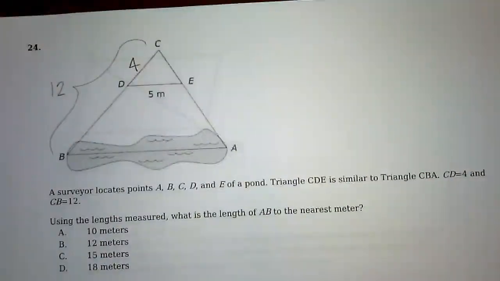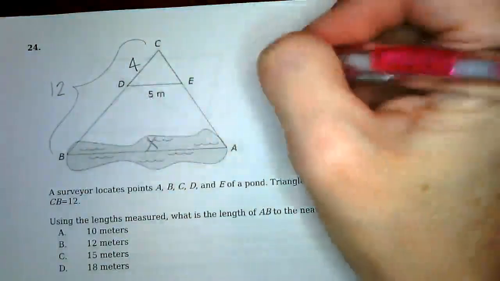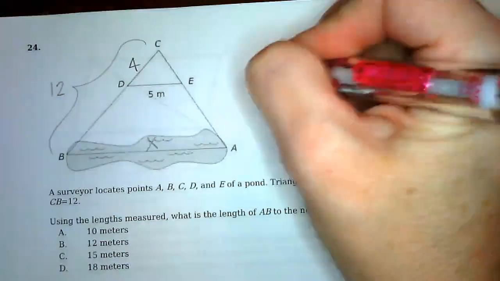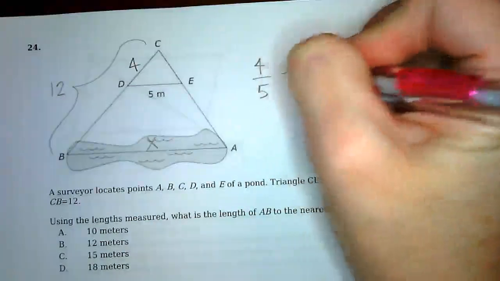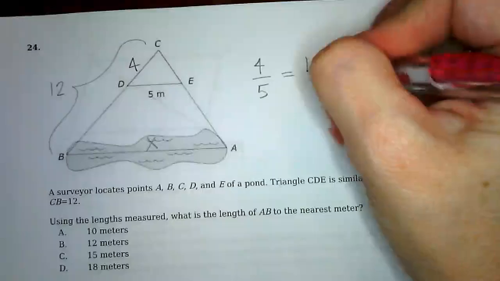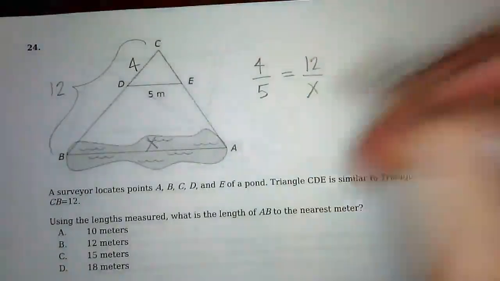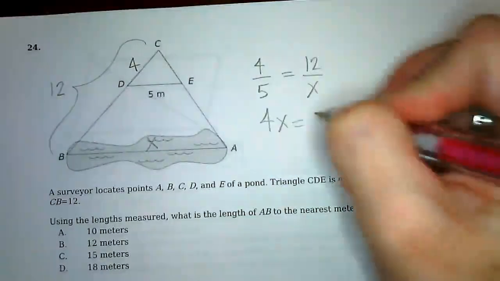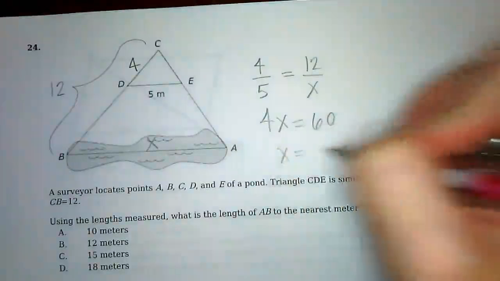We have that as 5 in the picture, and we're trying to figure out how far it is across the pond. So I'm going to do a proportion here. 4 over 5 is the small triangle, and that matches up with 12 over x. So 4x is 60, so that makes x 15.